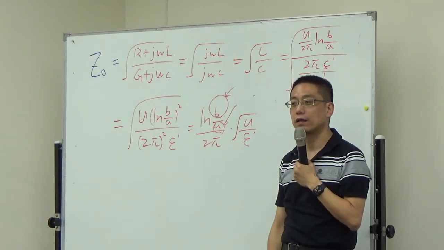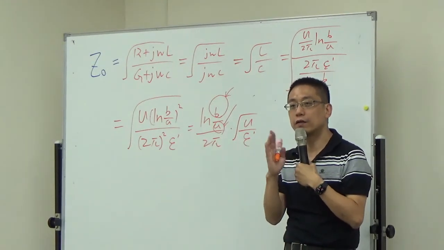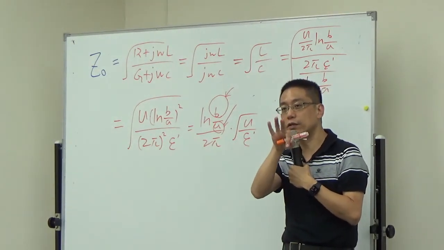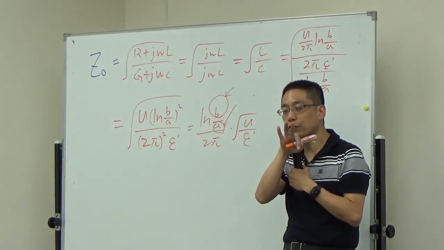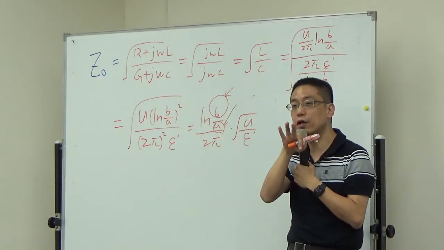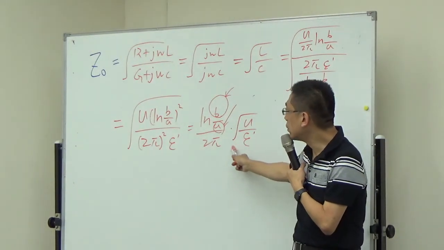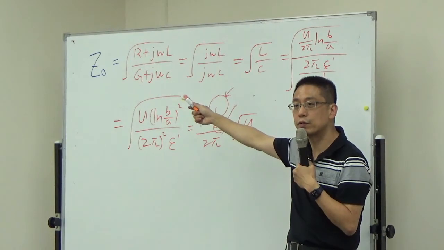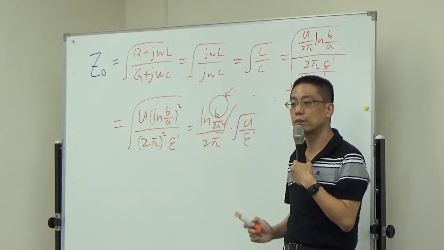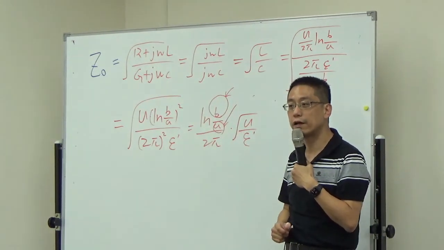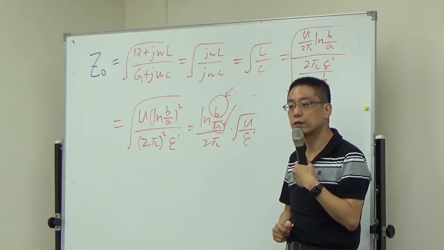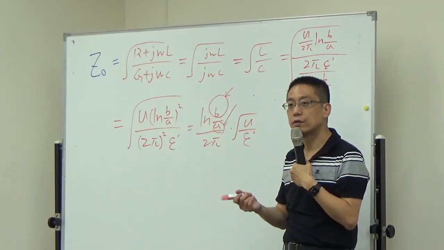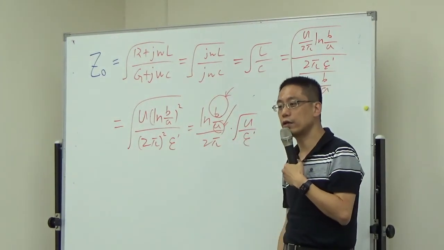Okay. If you have a textbook today, you can check chapter 3. For the part on coaxial cable, you will see this equation for Z0. This is chapter 3. Anyone see that? Check the coaxial cable. Actually, we are learning chapter 2 and 3 together.